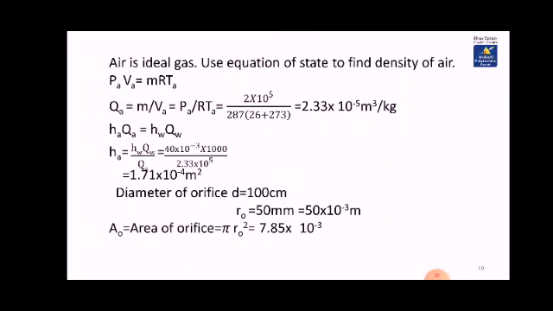These are the observations given while performing the practical. Now as the diameter is 100 centimeter, RO, that is radius, will be 50 mm, that is 50 into 10 raised to minus 3 meter. Now area of orifice can be calculated as pi RO square, that is 7.85 into 10 raised to minus 3.